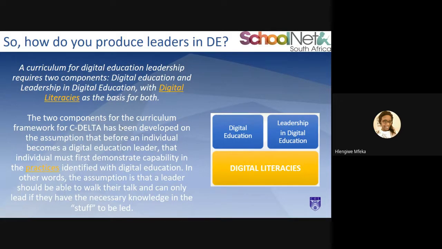So what is important to note here is that you, as a leader, should be able to walk the talk. When we say walk the talk, it means you need to first acquire the skills and knowledge in digital education curriculum.